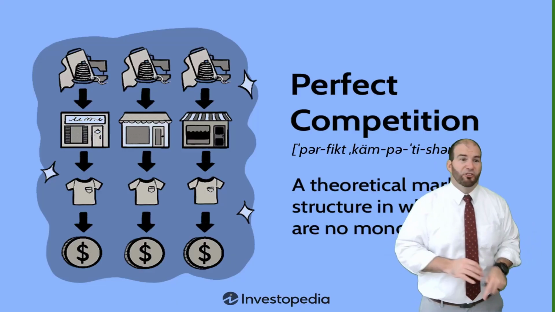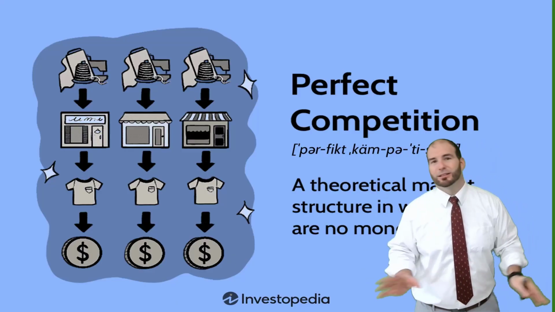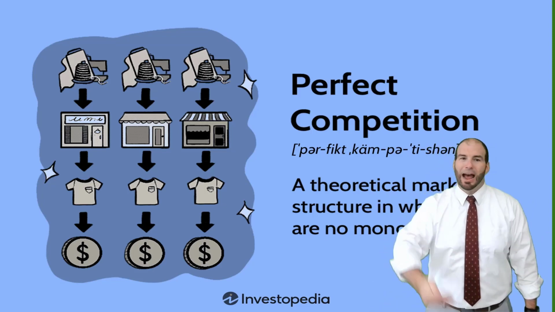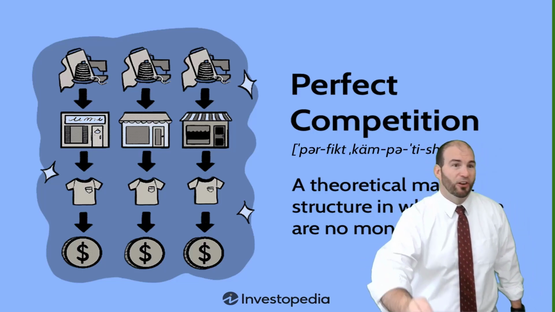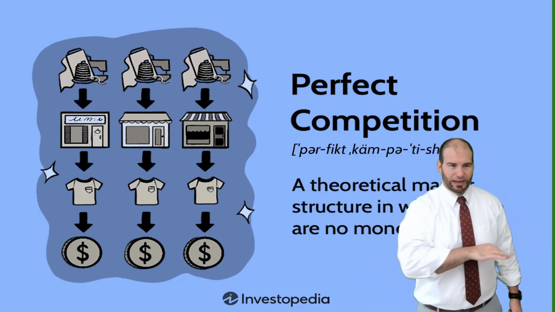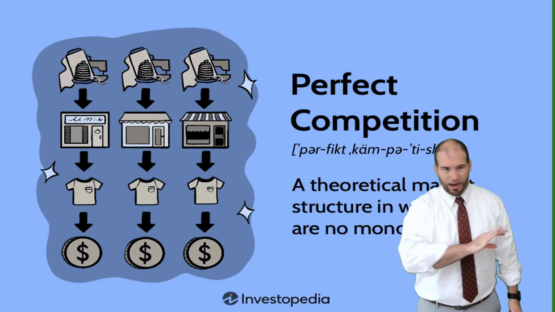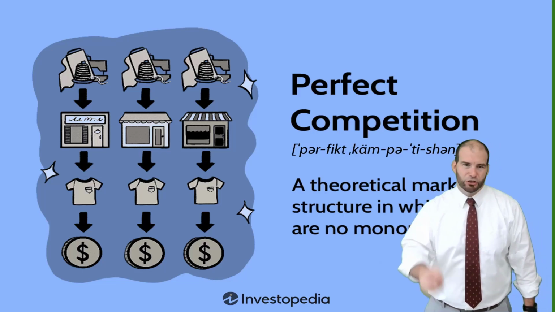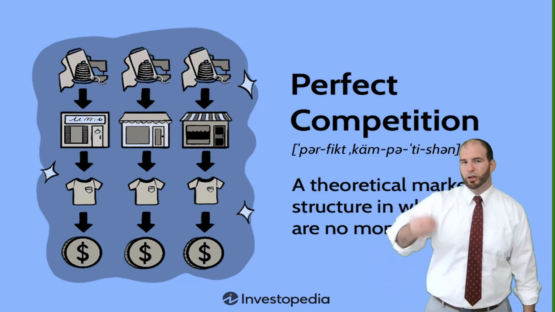There is a fictional idea, meaning this is not real, all right? And we know it, but it's basically what we measure by: how close can you get to perfect competition? A perfect competition is an ideal society where everybody is making multiple aspects of the same thing. They compete with each other to bring prices down and quality up.